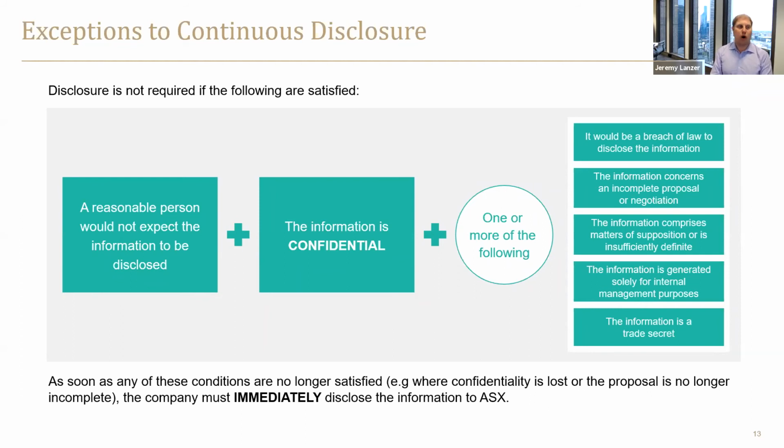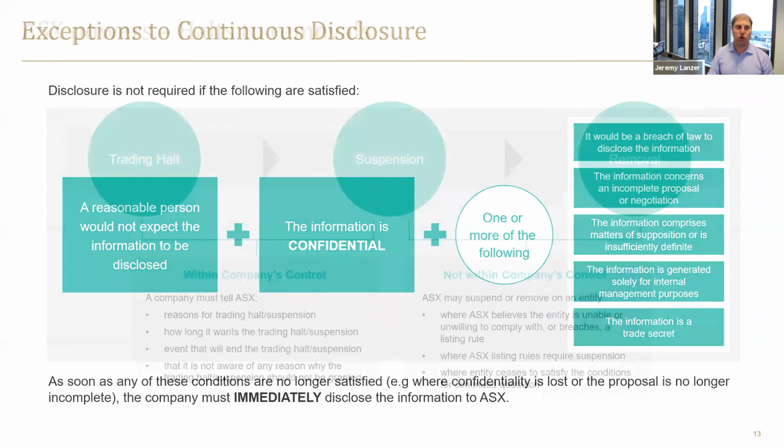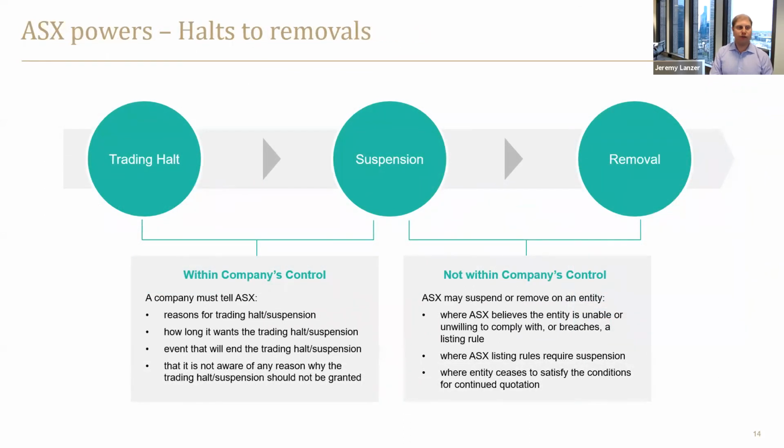That's why you're stuck in a situation as the public company where you need to act at that point in time, because otherwise the market is just going to react on its own without the information being provided by you, which is a very dangerous situation. So what can you do in those situations? Obviously, you can disclose, but there are some other tools that are available.